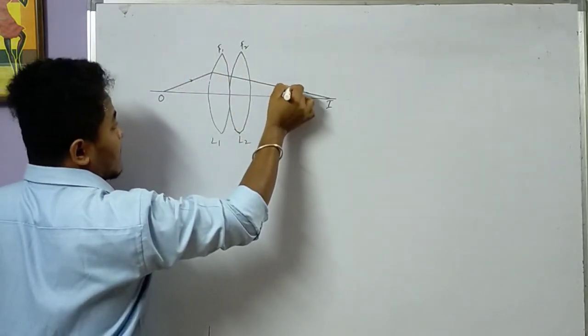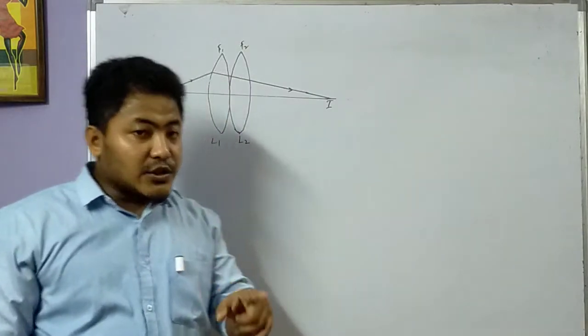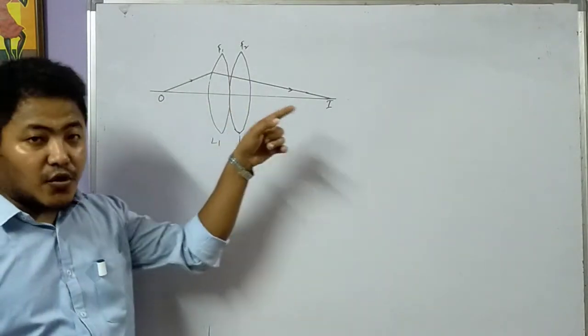I hope you can get it. Understand what I have assumed for the beginning? I have assumed that lens number 2 is not available here.